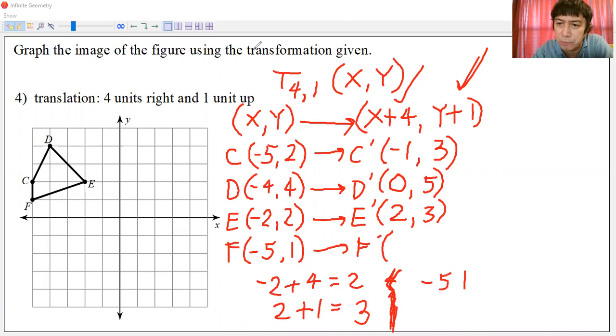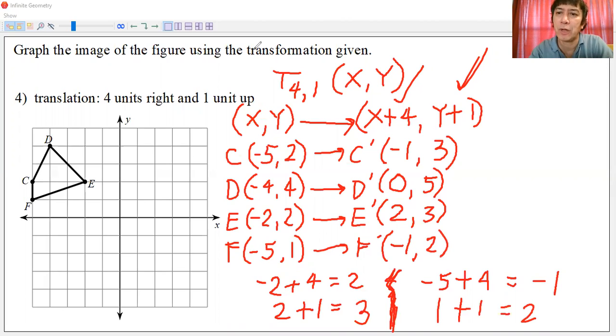We're going to add 4, and that should result to a -1. So this is -1 over here, comma. We're now going to use the y value for point F, and that starts with the value 1. The rule is y plus 1, so 1 plus 1 is just 2.